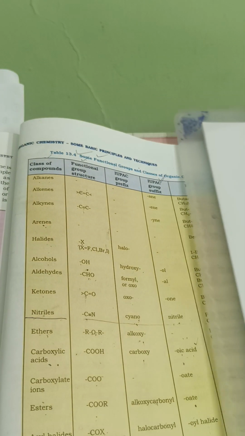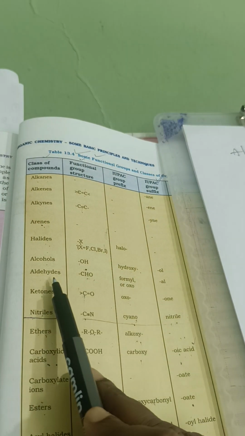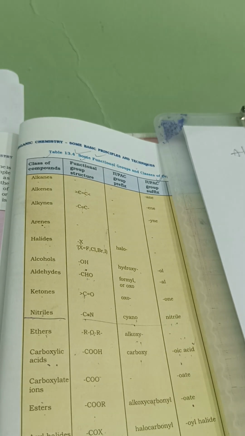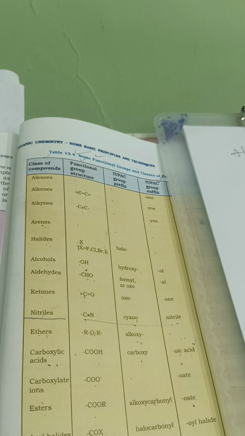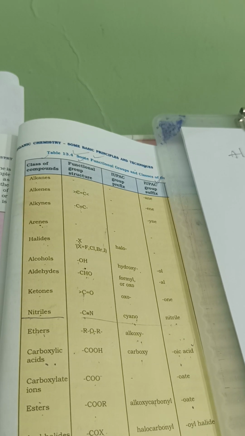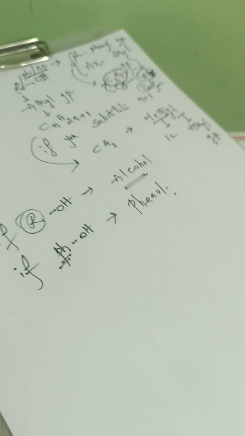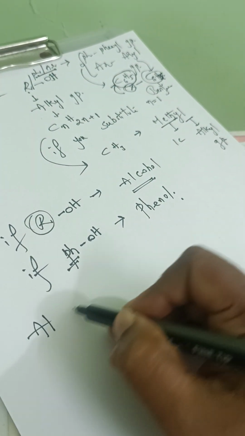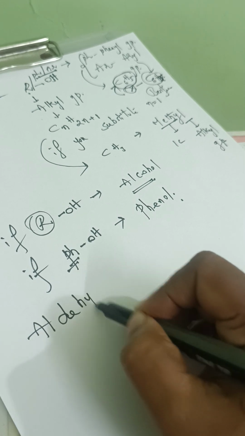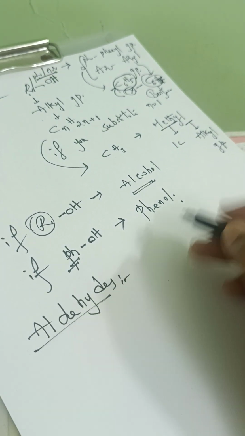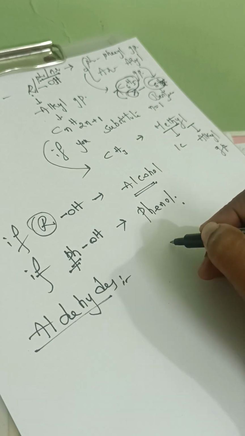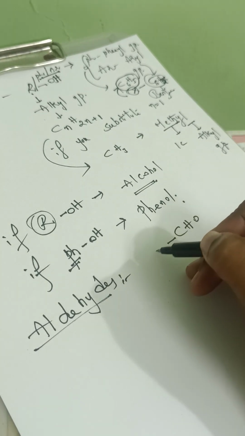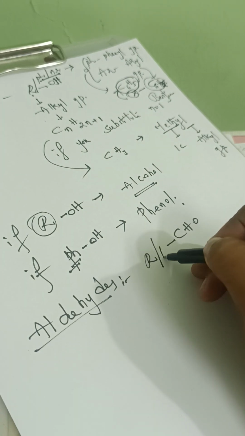After that we go to aldehydes. The functional group structure is bond CHO. Aldehyde. See here I am taking aldehydes. The general functional group structure is bond CHO. So already, as I told you earlier, the groups may be R or Ph.